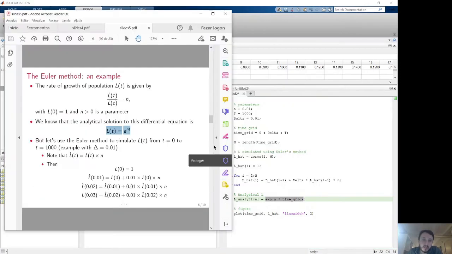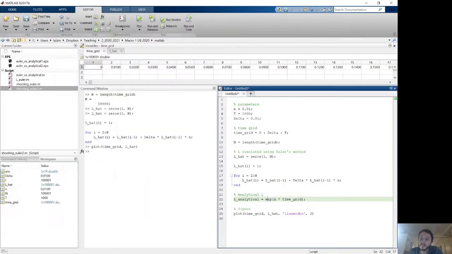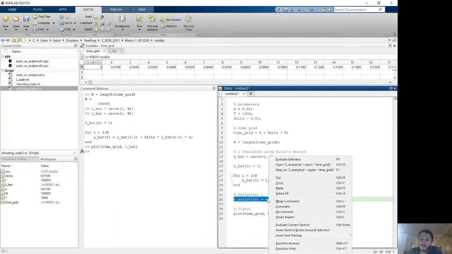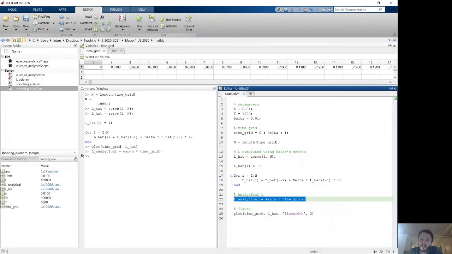What we are doing here is calculating L at time 0, 0.01, 0.02, 0.03, etc. Just using one line, we can calculate the analytical L for the time periods defined in this time grid vector. So I can also plot it here.